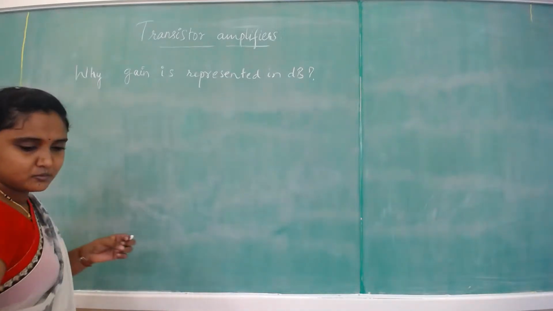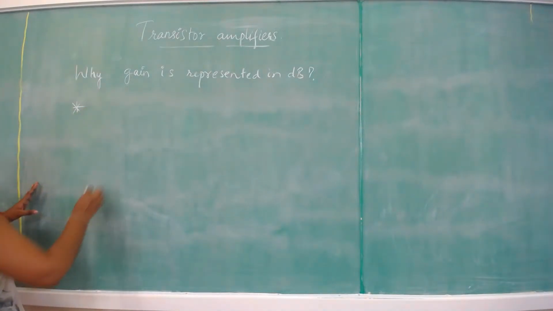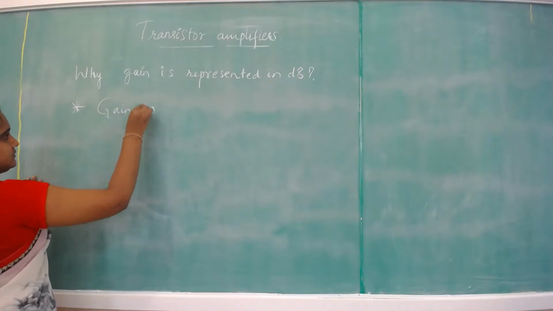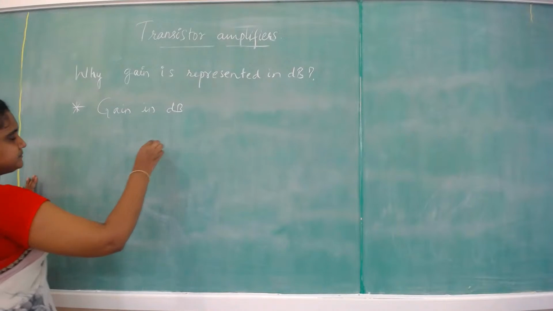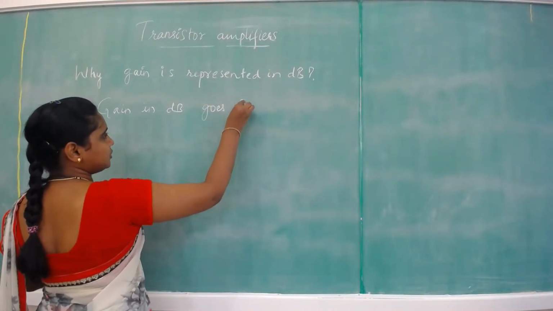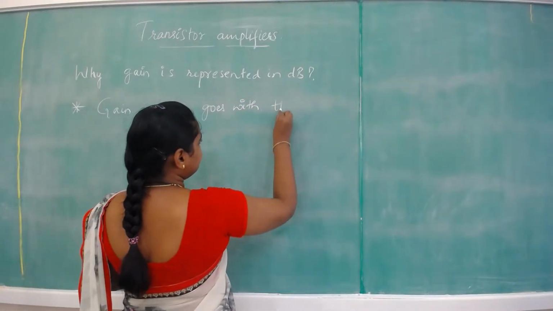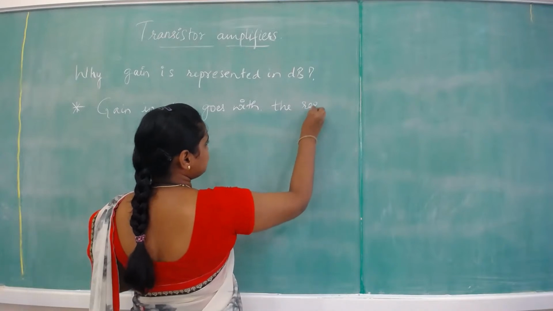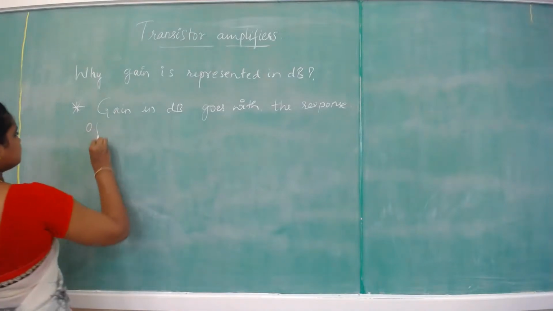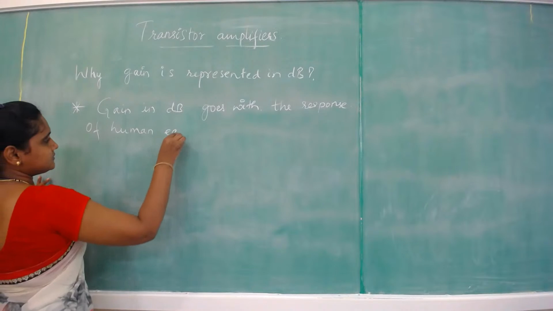So, why do we represent gain in terms of decibel? Gain in decibel tallies with the response of the human ear.